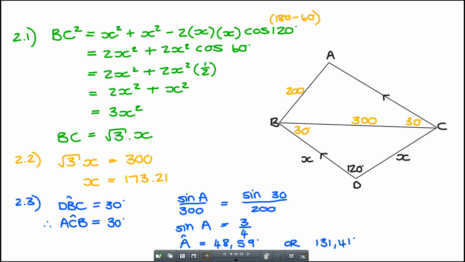Verwisselend, yes, yeah. Do you guys all see that? It's alternate angles. Nee, okay, so dan weet ek daai is 300. Now I can say, sine A over 300 would be the same as sine 30 over 200.